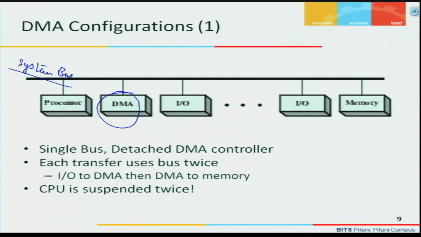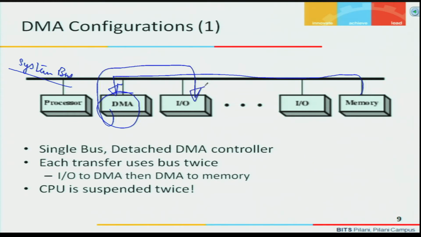In this kind of configuration, each transfer uses the bus twice. Let us say something has to be transferred from memory to IO device. First, from memory to the DMA buffer it will go, and when the DMA gives this data to the IO device, it will use the bus once again.